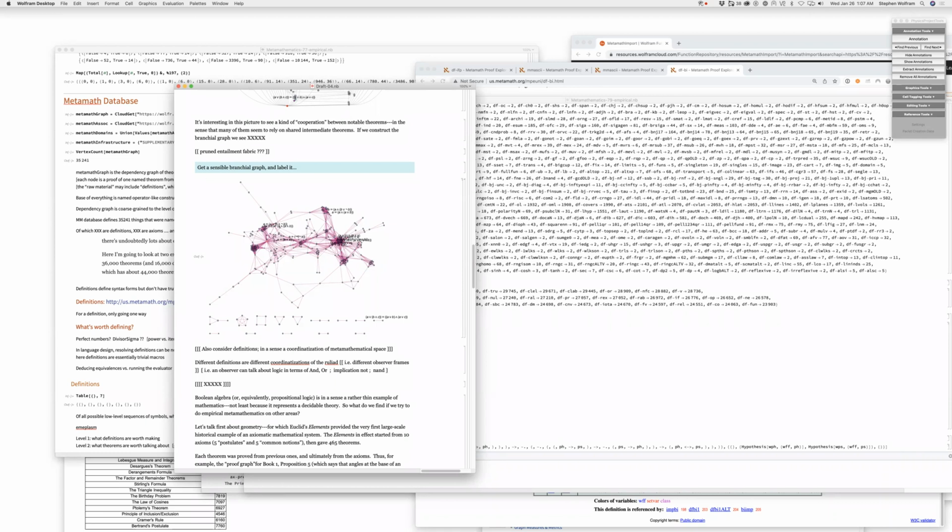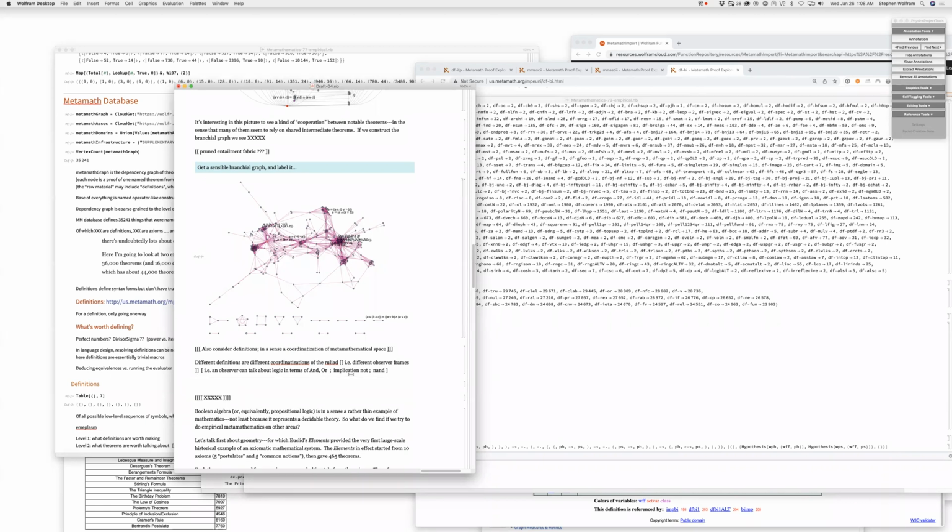Okay, so these are coordinates, and that's what the definitions are doing. Then we've got axioms, that again are another kind of coordinatization. So a given theorem can be stated in terms of these different operators.